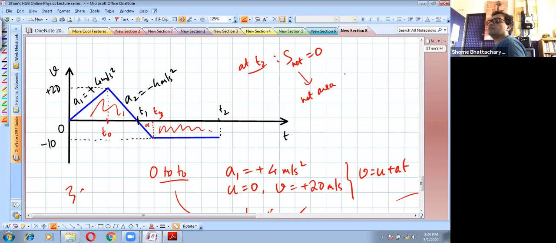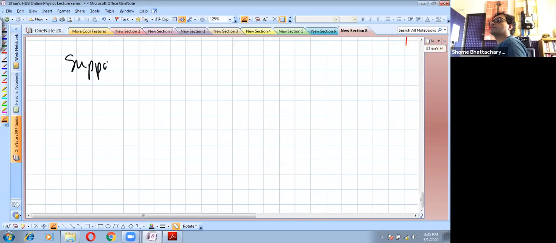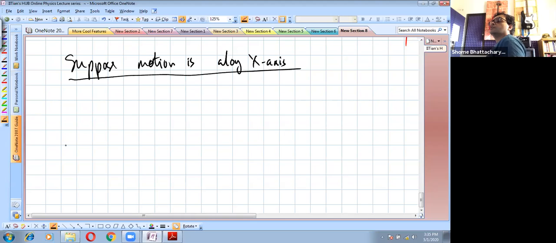That is where this question is a little bit complicated. Also, if I convert this into an x-axis type of motion, you will understand. Suppose the motion is along the x-axis. So let's say this is a person.